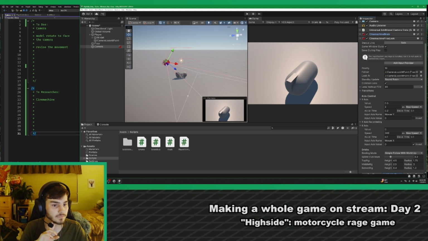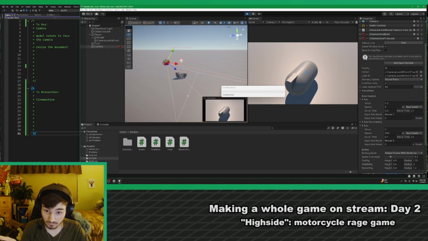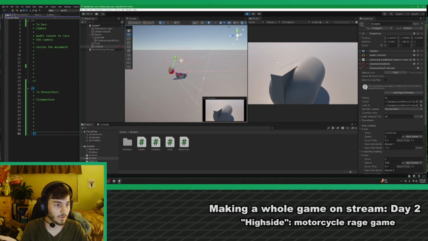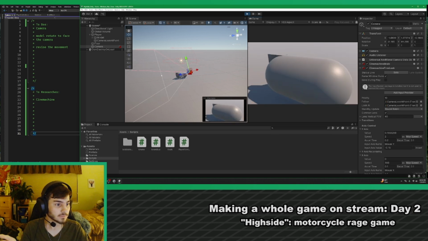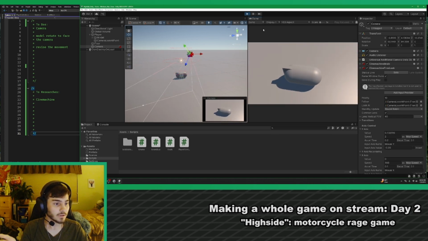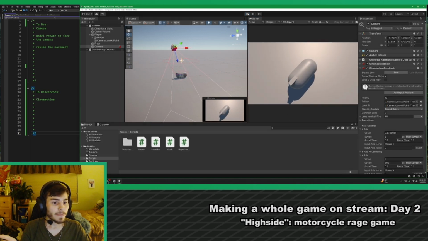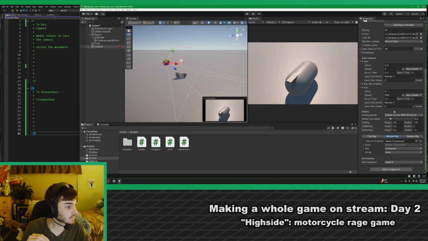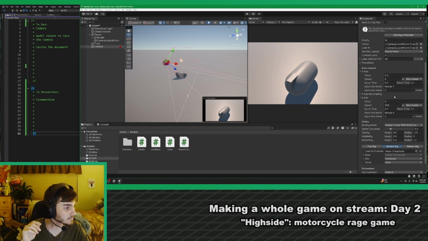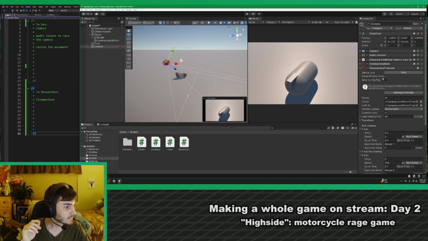Okay, there we go. Now it's rotating. Now it's doing the looking at. Not the foggiest what changed, but maybe it needed to have a brain itself. I don't know.